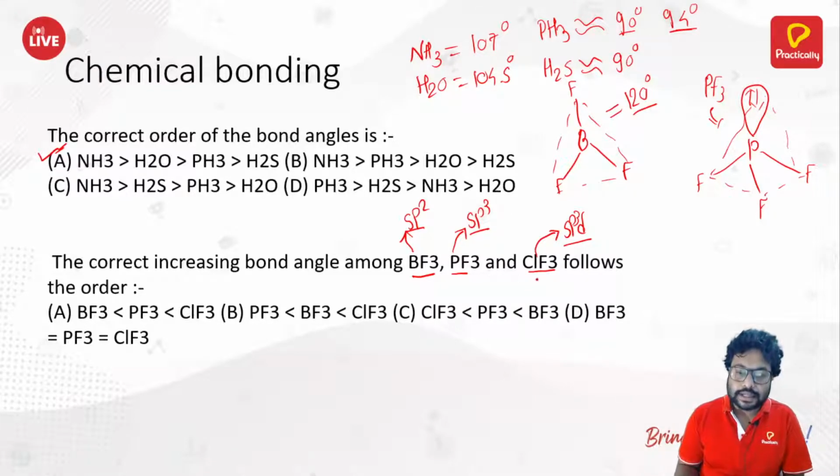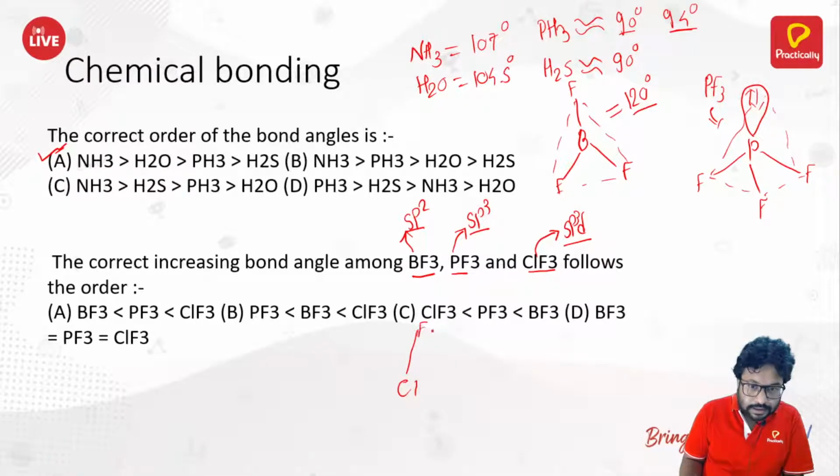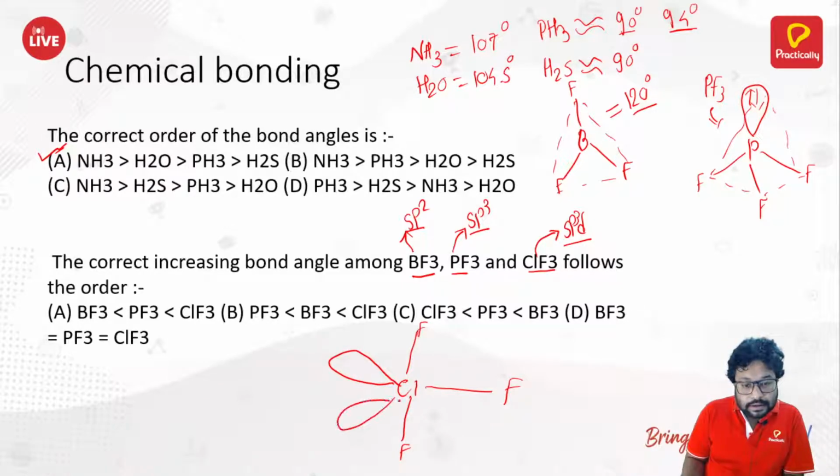Then lastly you got ClF3. ClF3 has sp3d hybridization, and its shape is like this. This is fluorine, this is fluorine, and this is fluorine. It's a T shape. And then you got two lone pairs here.